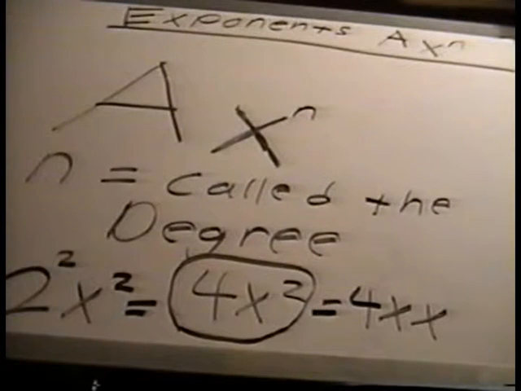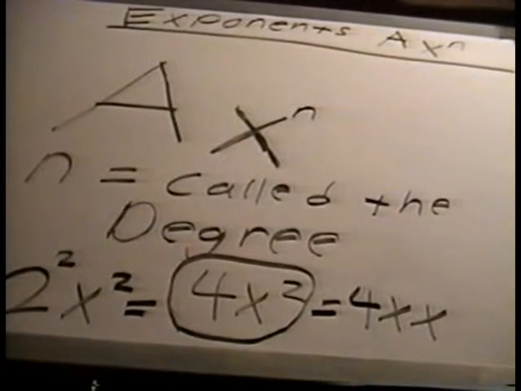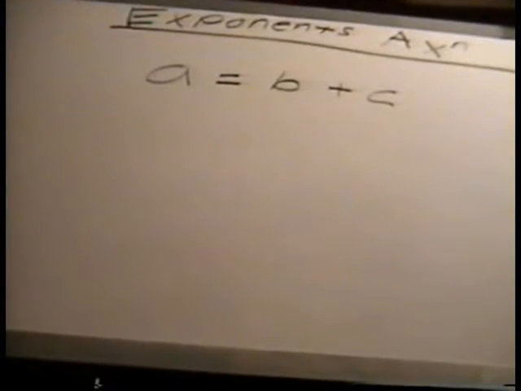It's a numerical coefficient of x. For example, if I had 2x, 2 here would be the numerical coefficient.